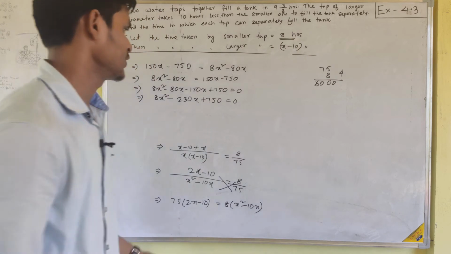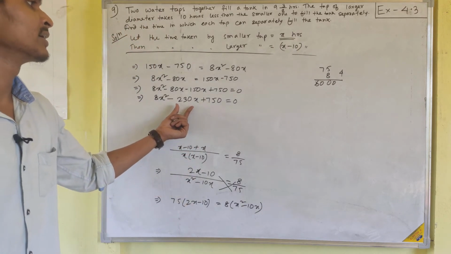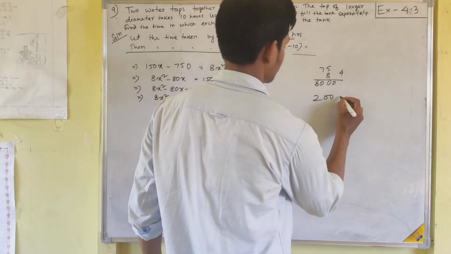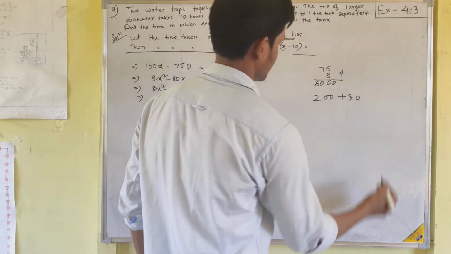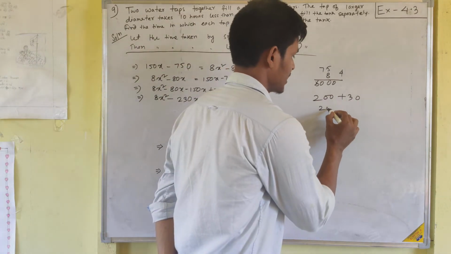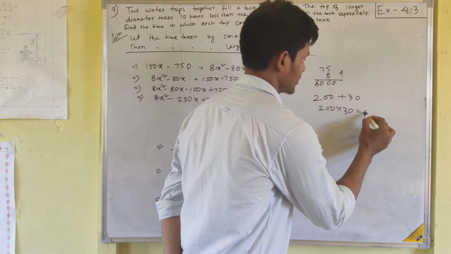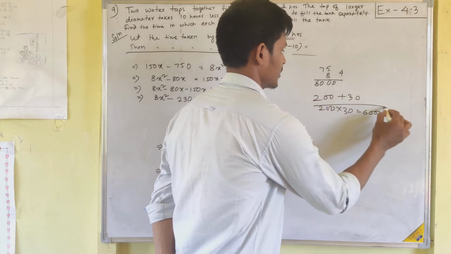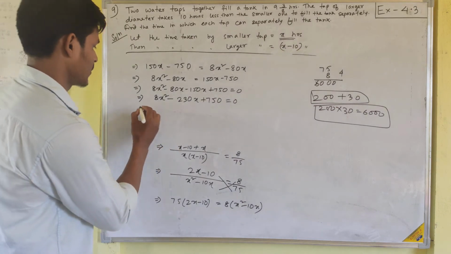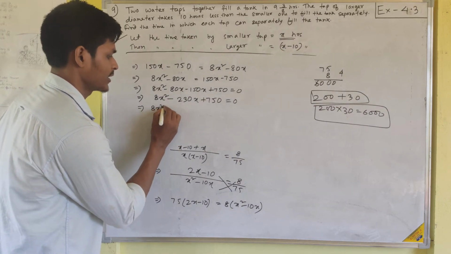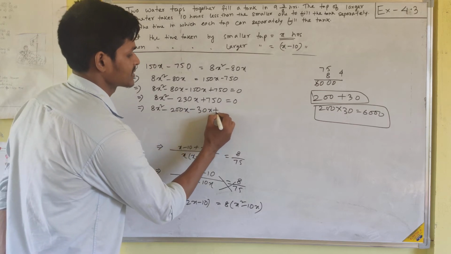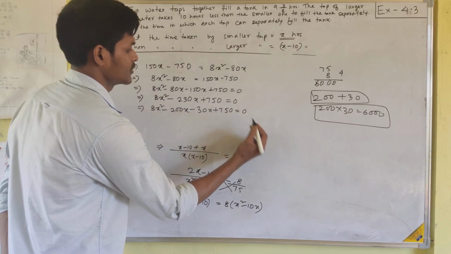Now you see, 230: if you add 200 plus 30 you get 230, and if you multiply 200 into 30 you get 6000. So a into c gives the middle term. Now I can easily write 8x square minus 200x minus 30x plus 750 equal to 0.